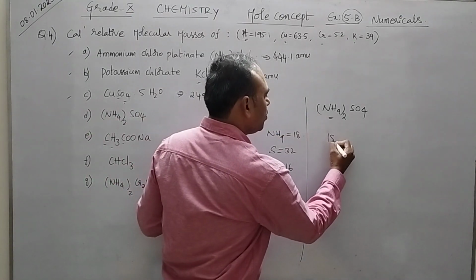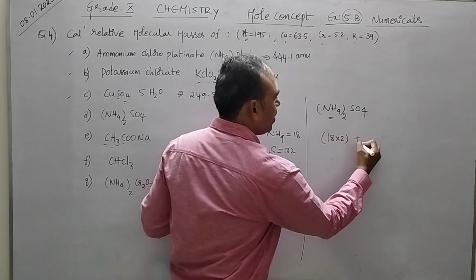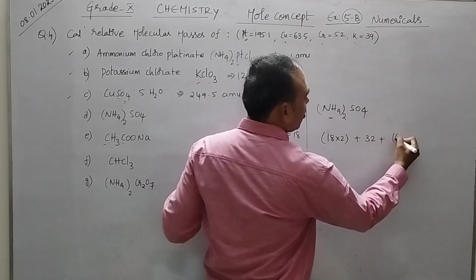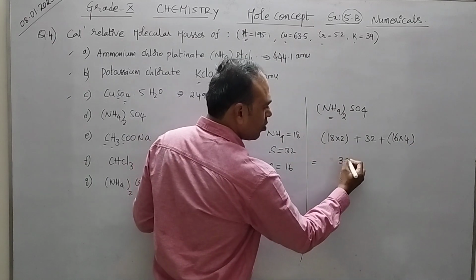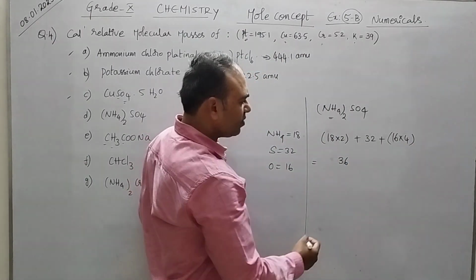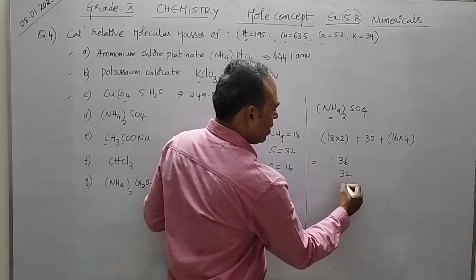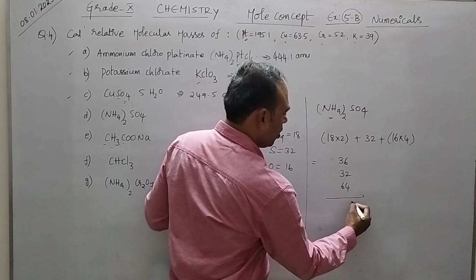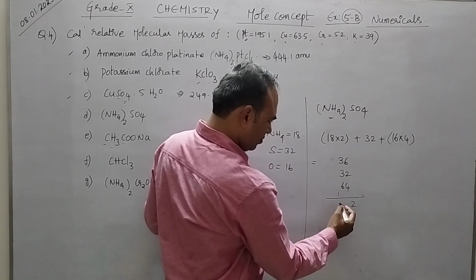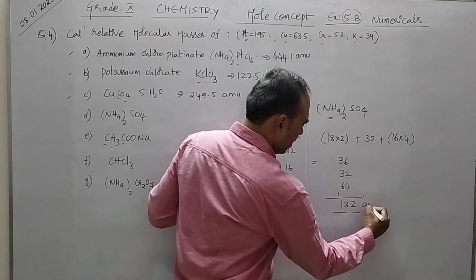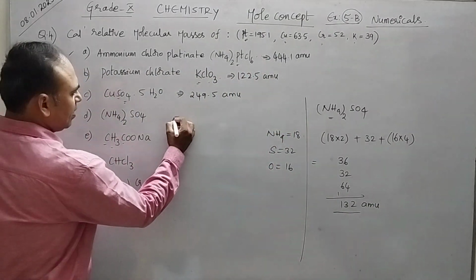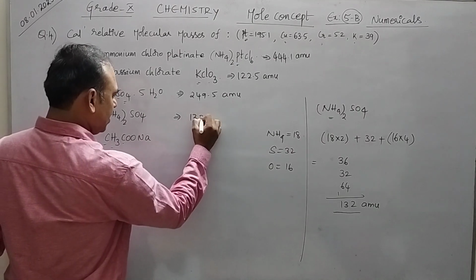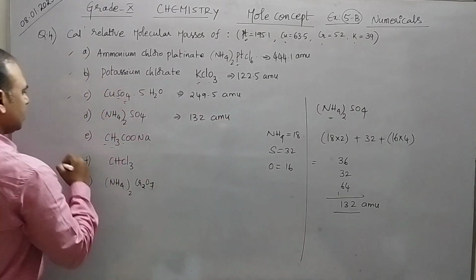So 18 into 2 plus sulfur 32 and oxygen 16 into 4. Take one below the other to avoid errors. 18 2s are 36, then 32 and 16 into 4 is 64. We get 132 atomic mass unit. Hope you have understood this. Ammonium sulfate, the molecular mass is 132 atomic mass unit.